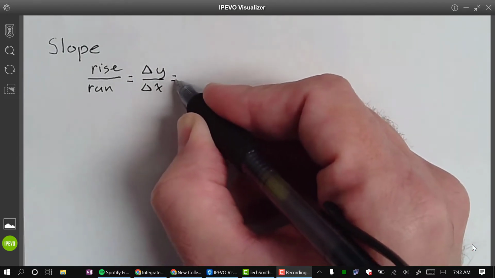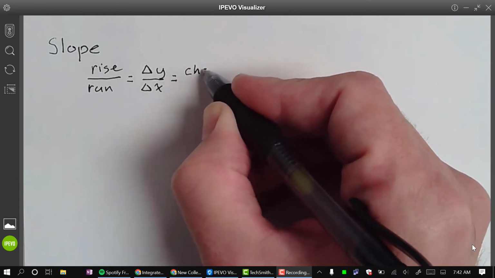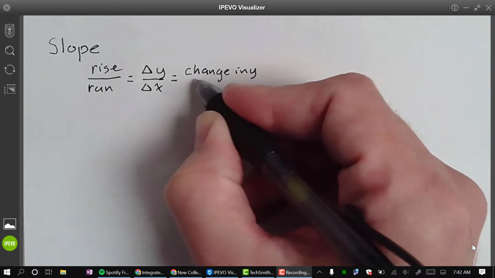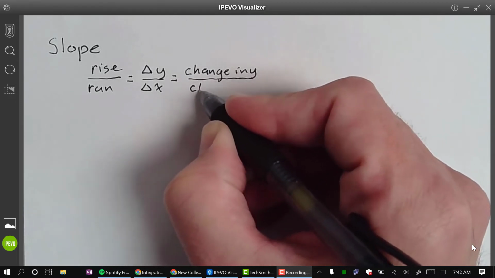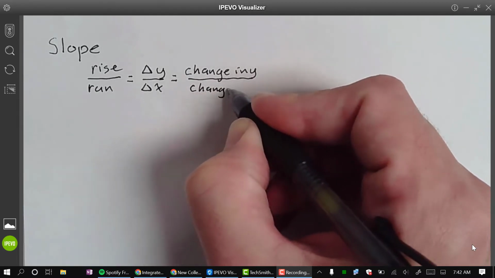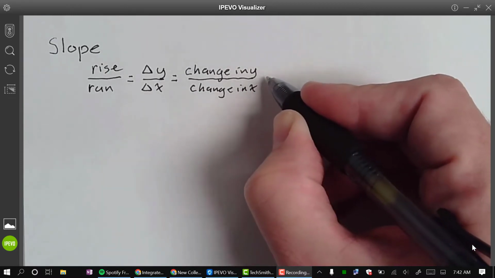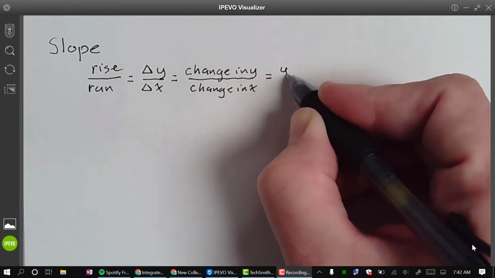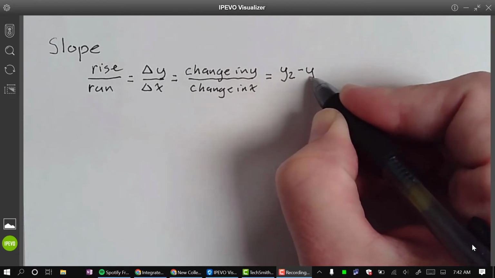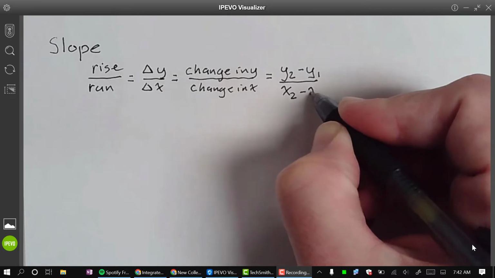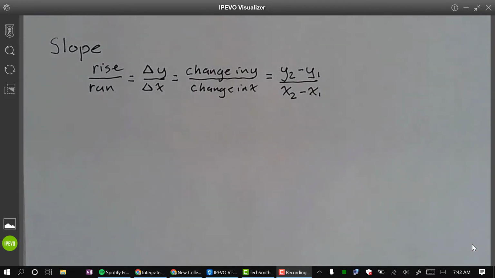So let's translate that to English: change in y divided by change in x. And how does this look for a formula? The formula for this is y2 minus y1 divided by x2 minus x1. This is what we're going to use today to help us solve some problems.